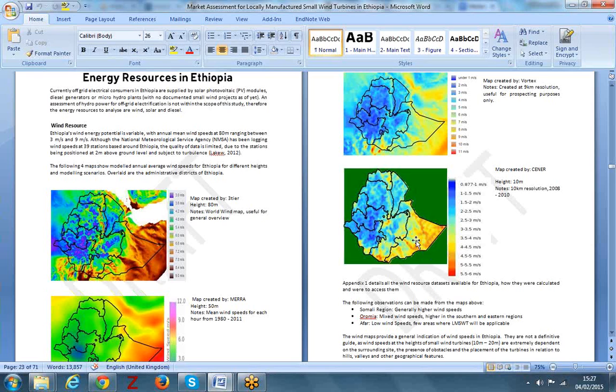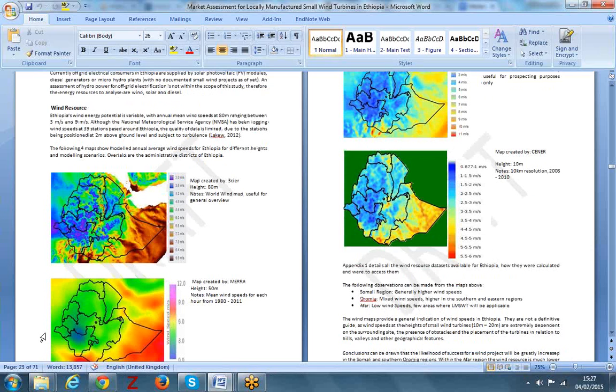Yeah, we used the Senna map, which was the closest to the hub height that we could find, which is 10 meters. What we could do is use another map and use the log laws to see if they correlate and see how well they correlate.